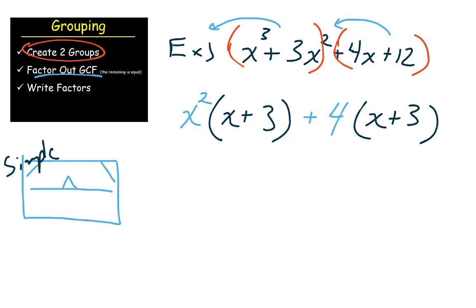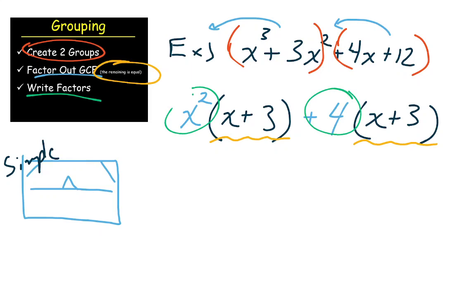Now, did you see what I said, that what is remaining is going to be equal? X plus 3, x plus 3. Yep, that's the way it's supposed to work. Whatever's remaining is going to be equal, so that you can write your 2 factors. When you write your 2 factors, you're going to use the GCFs, and they will become one of your factors.